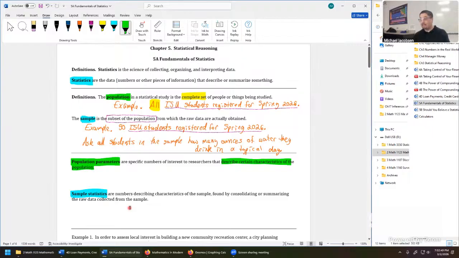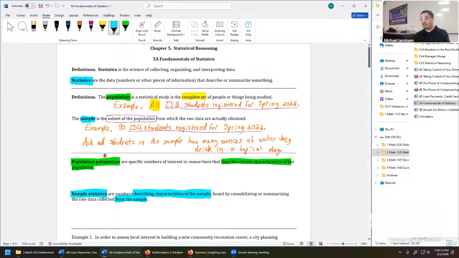Well, let's turn to the next thing, sample statistics. Much like parameters, they're also numbers describing characteristics of the sample now, found by consolidating, summarizing, computing raw data in some kind of way, collected from the sample.